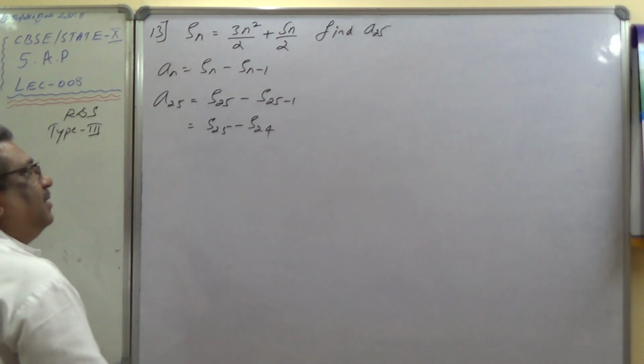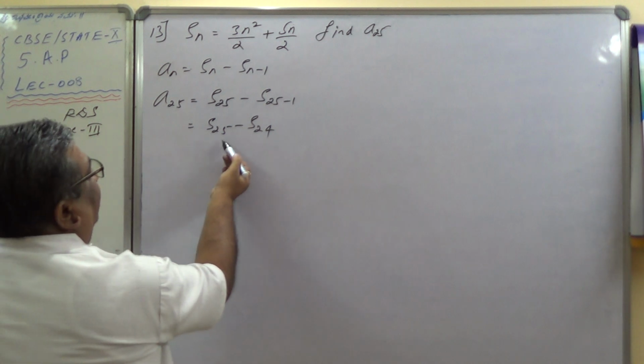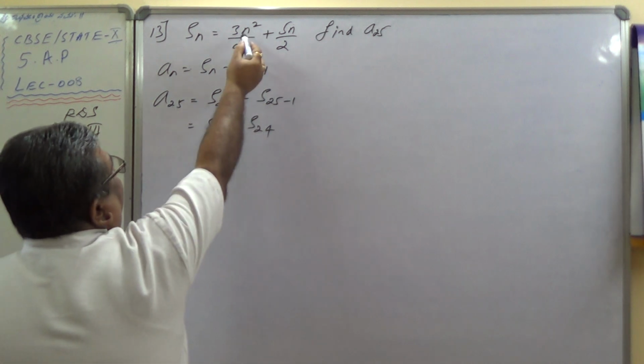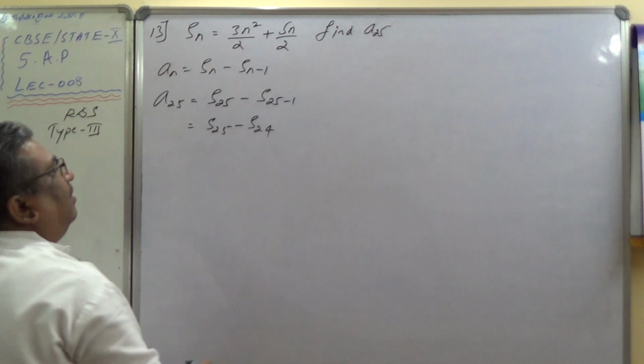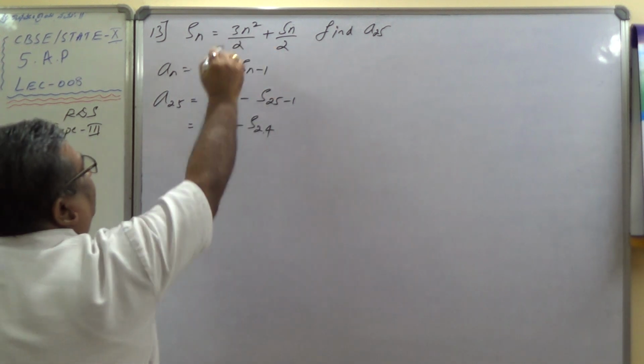I hope you are able to understand this. Now, how do you get this one? S25: put instead of n here 25, you get S25, and put 24 instead of n, you get S24. So it's quite a lot of solving.